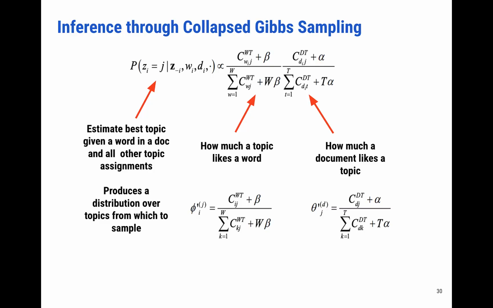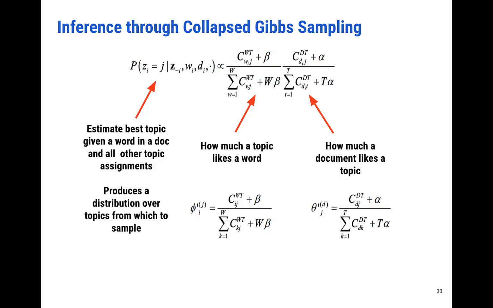Basically, you are taking those two tables. These two formulas can be directly computed using pandas on the tables that we've looked at. You simply get the estimate for how much a topic likes a word and multiply it by how much a document likes a topic for each instance of a word in a token table. Imagine this equation stands for a row in the token table.